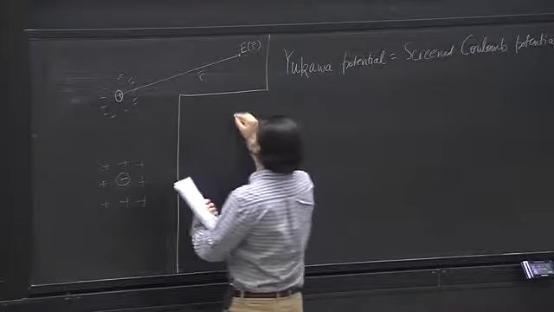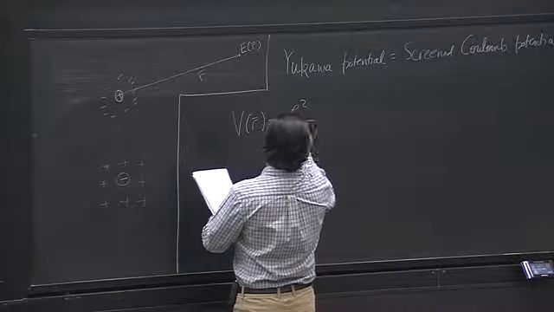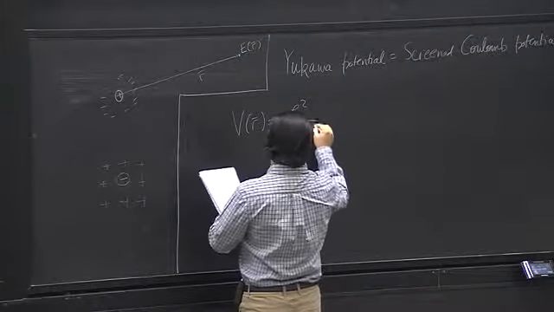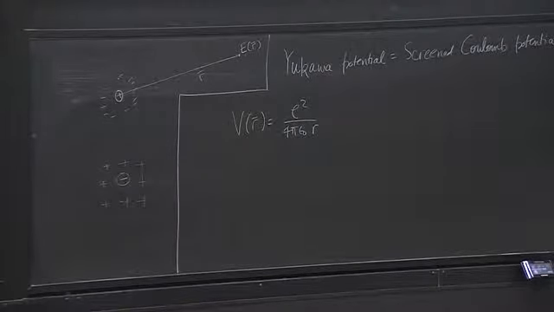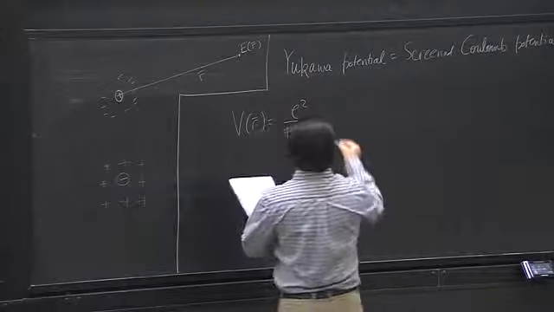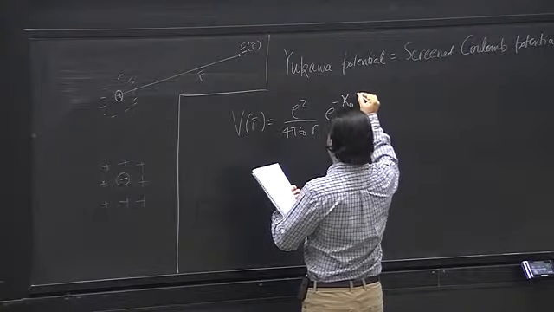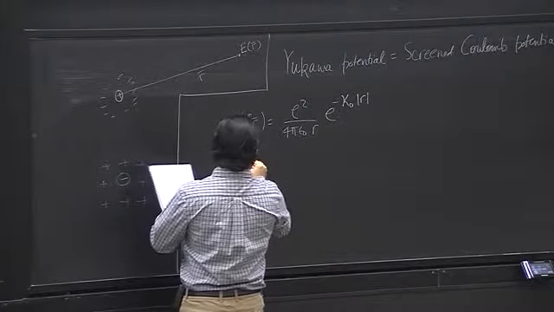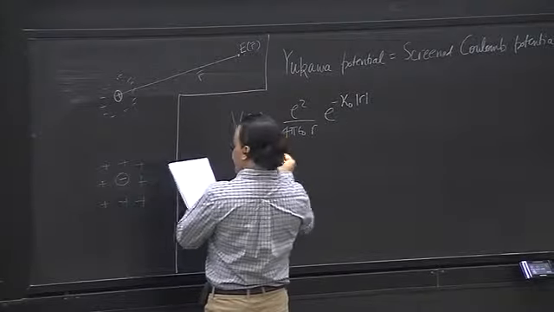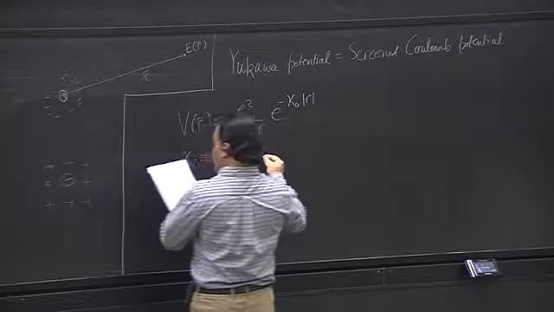So for the Yukawa potential, you basically have this potential e square over 4 pi epsilon naught r. If you just have this r, there is a divergence, there is infrared divergence. One way to get rid of this is to multiply this with an exponential, where kappa naught is what we will define as the Thomas-Fermi screening wave vector.